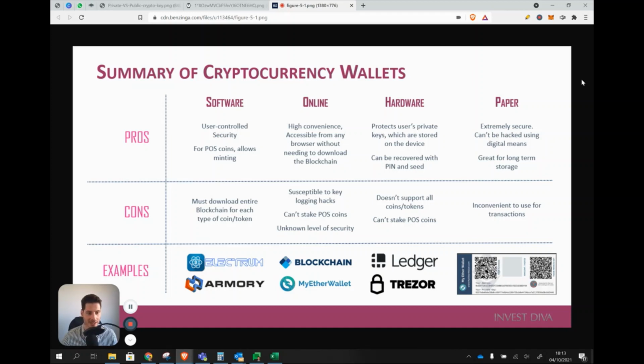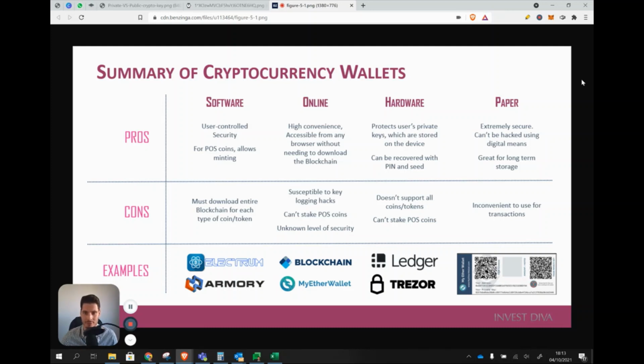A seed phrase is a 12-word phrase that you should even keep safer than your private key. It doesn't support all coins and tokens, and lately you can actually do proof of stake. So you can take proof of stake out of the equation because it's almost available anywhere except for the paper wallets. My wallet is the Ledger and the biggest competitor in this space is Trezor.